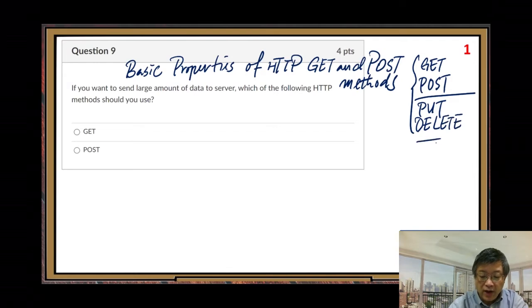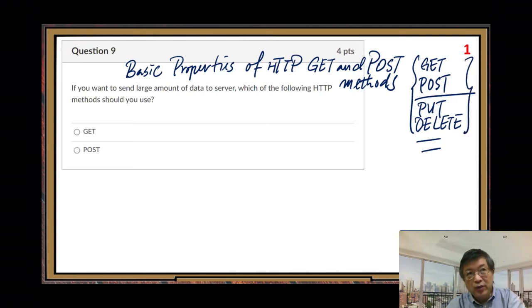Later, when we talk about web services, these four methods will be used. Another two methods are rarely used. Here, the most frequently used are these two. So let us learn some basic properties.